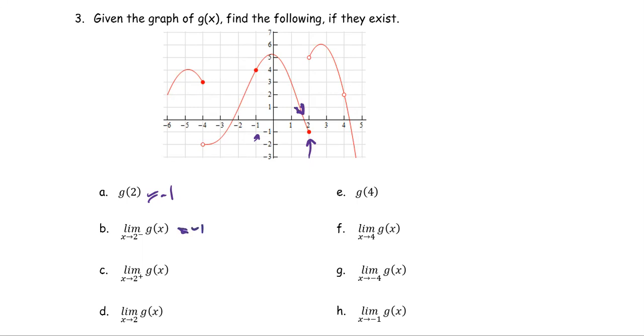For part C, limit of the function g as x approaches 2 from the right, that means we look at the right side of the curve as x approaches 2 from the right. You can see that the function graph approaches the value 5 for part C.